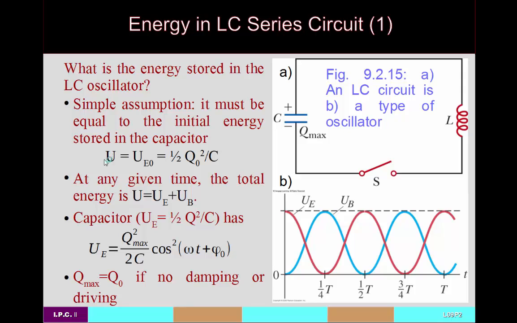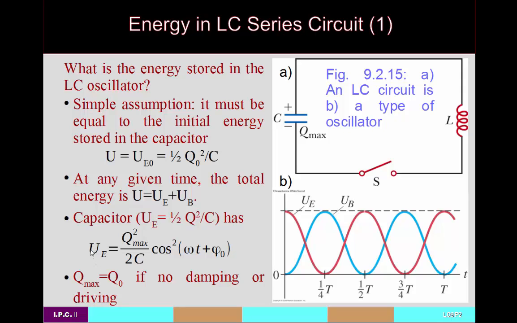So the initial energy stored on the capacitor is 1/2 of the charge squared over the capacitance. You can review the notes on capacitors if you've forgotten that equation. The total energy within the system has to be the energy stored by the capacitor plus the energy stored by the inductor, which is the potential energy in the electric field plus the potential energy of the magnetic field.